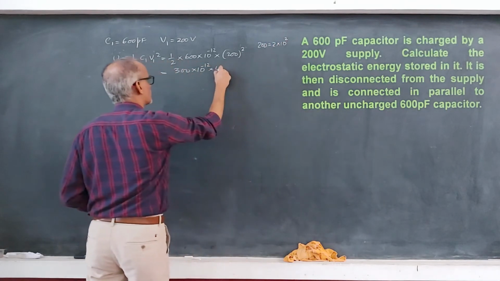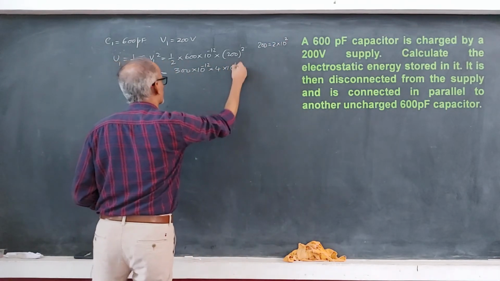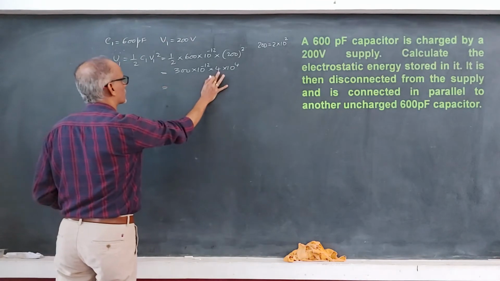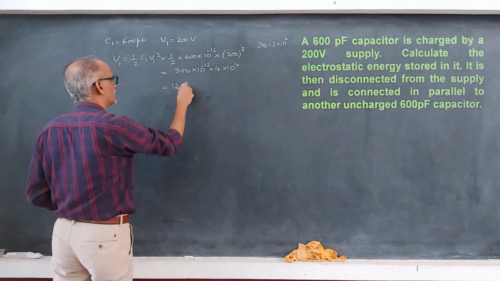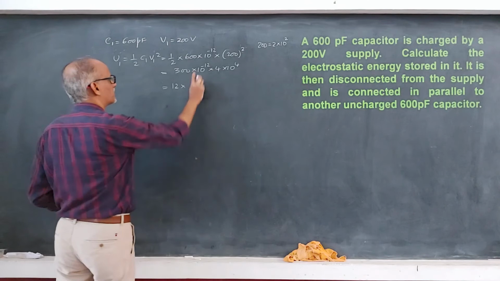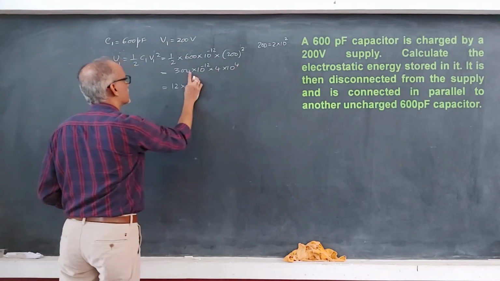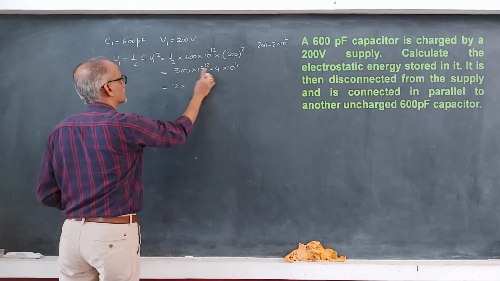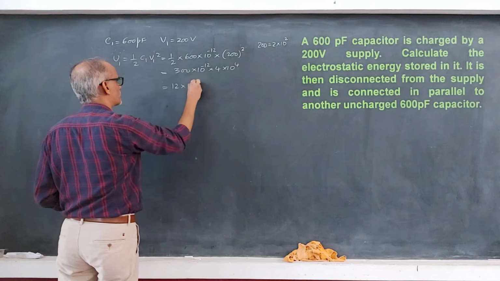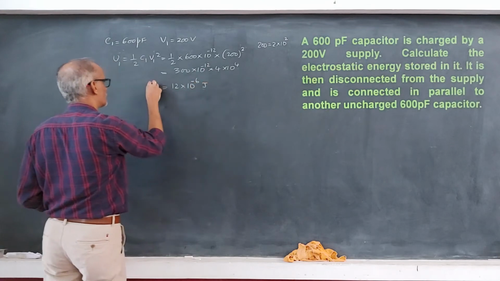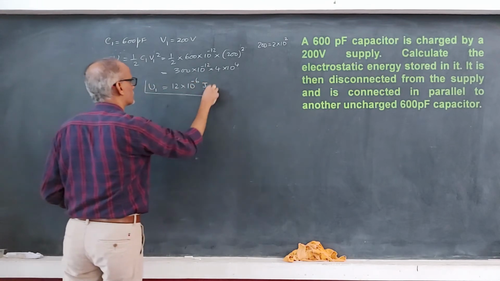Square of it becomes 4 into 10 to the power 4. Now here we have 4 threes are 12 into 10 to the power 4, and again here 2 is there, 6, and this 10 to the power minus 12 becomes 10 to the power minus 6. So therefore so much joule. So this is the value of U1.